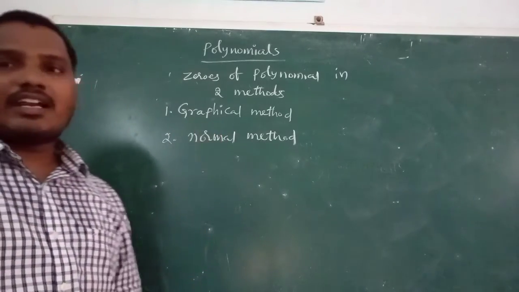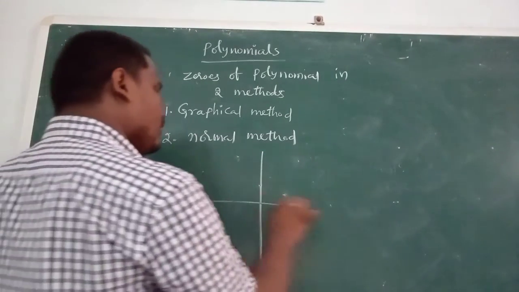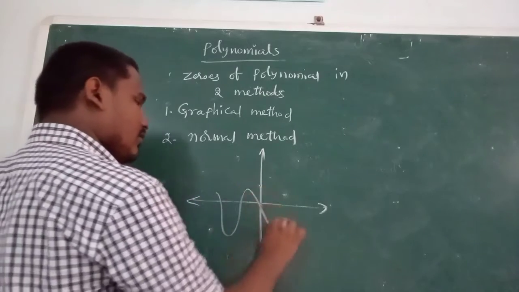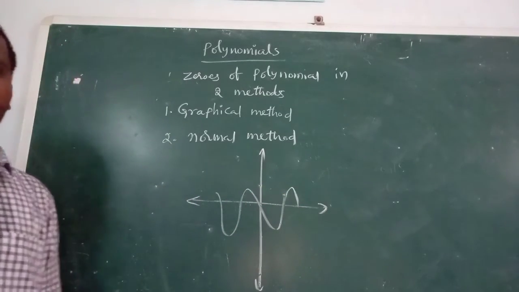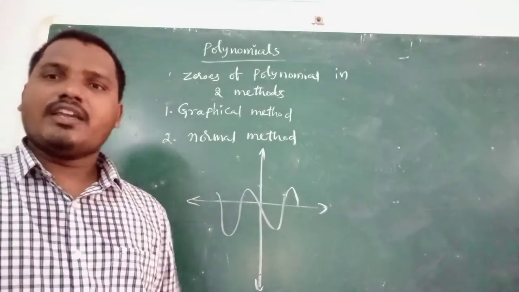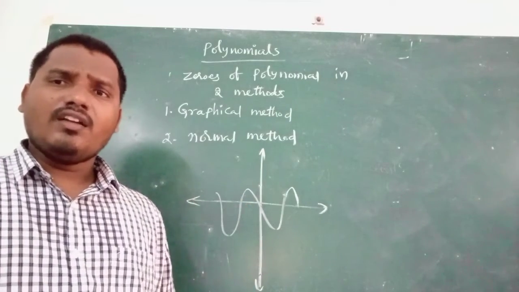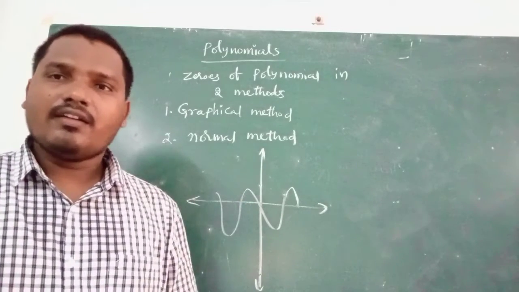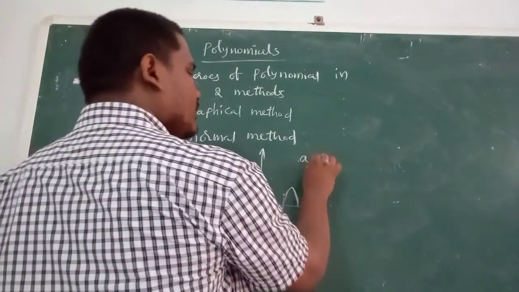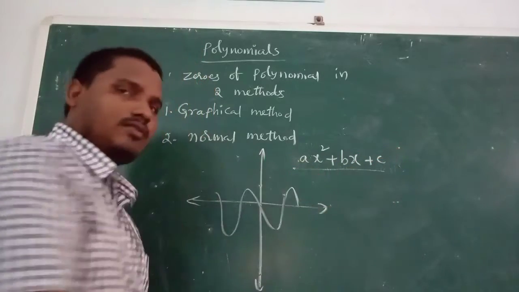So what is the graphical method? Suppose you draw a graph, and they ask how many zeros are present in the given parabola. The general form of the polynomial is ax square plus bx plus c.